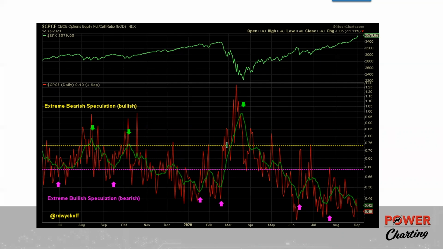You can see that this reversed, and the very pessimistic area, bearish speculation, came at the lows in March. Well, here we are again, and we're even lower now.